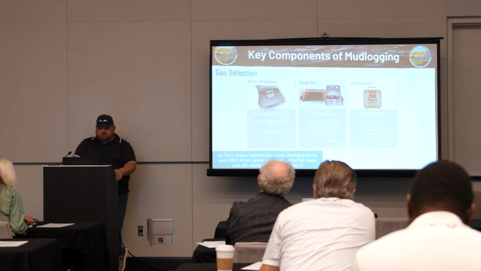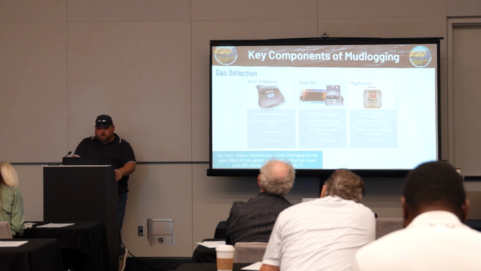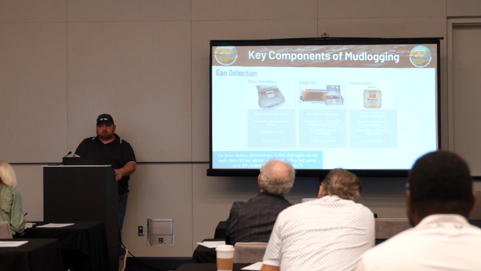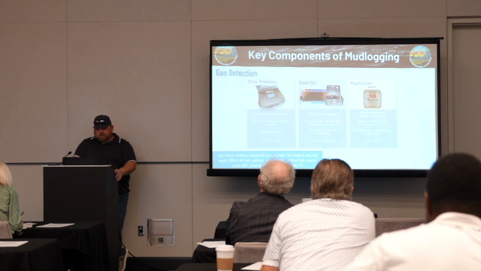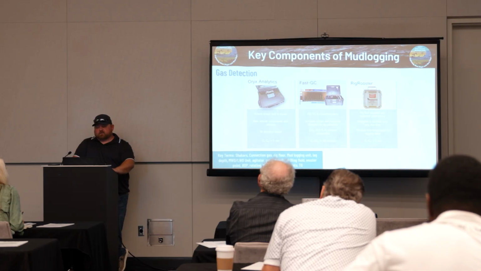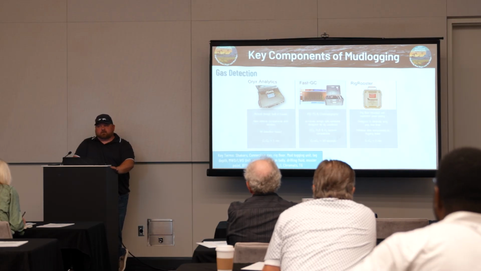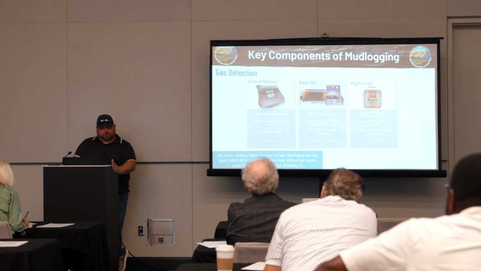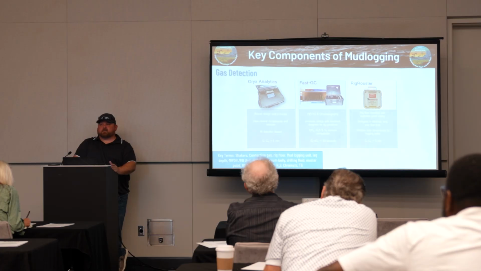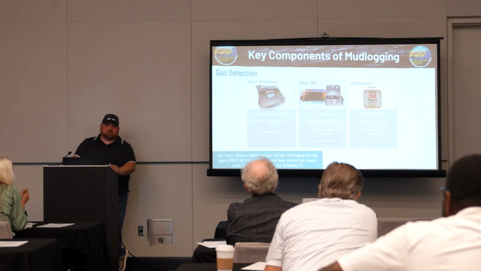The Fast GC is our version of a FID. We have them built and sent to us. The cool thing on these is the full cycle of chromat is 30 seconds. So you're taking a full sweep, C1 through C7, every 30 seconds with these.